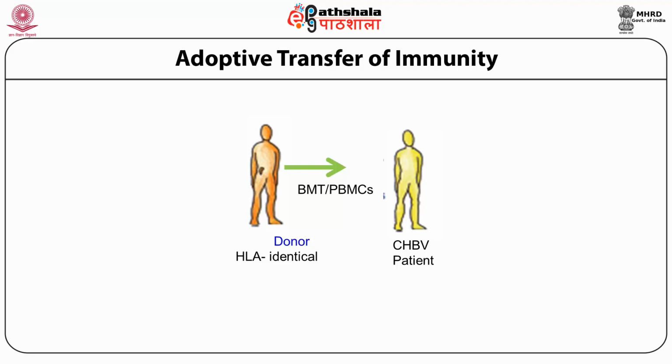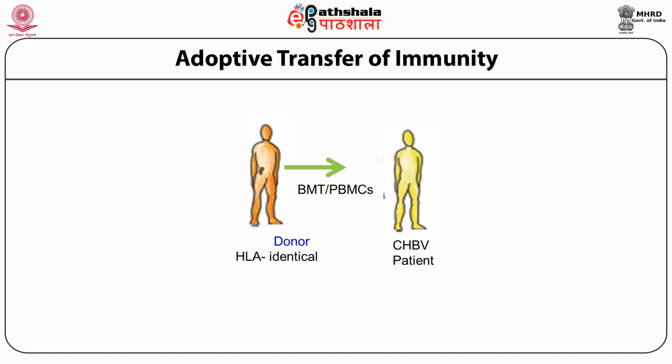Right now, I will give you one example. We have to give a bone marrow transplant or peripheral blood mononuclear cells from a donor to a hepatitis B patient who is chronically infected with hepatitis B. We will isolate bone marrow or PBMCs from the donor, who is HLA identical, HLA matched to the patient.